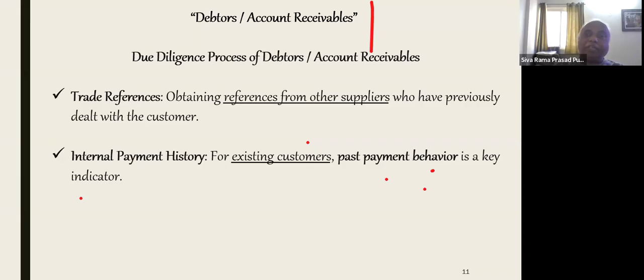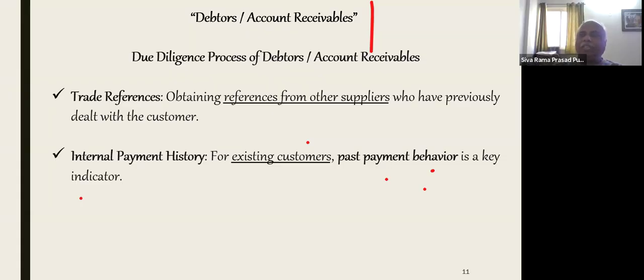Trade reference means obtaining references from other suppliers who have previously dealt with the customer. So whenever the company is facing problems, the RP has to focus on this area also, the debtors or account receivables. Internal payment history: for existing customers, past payment behavior is the key indicator.